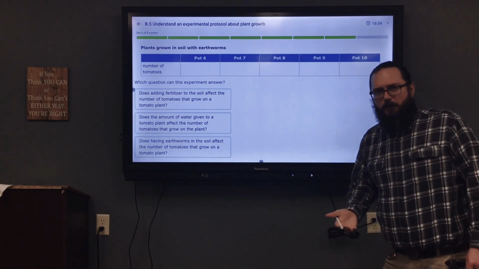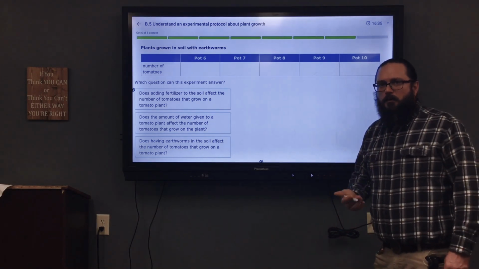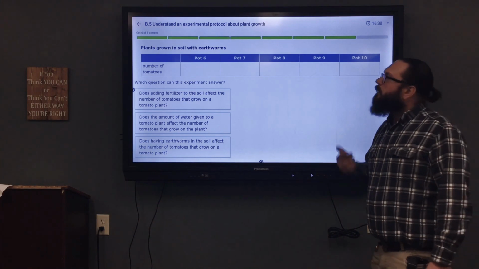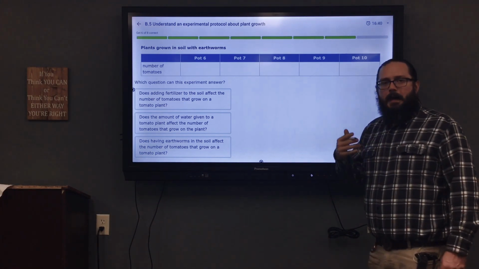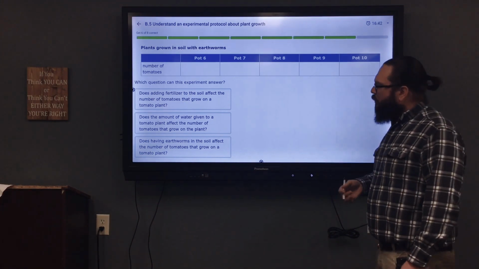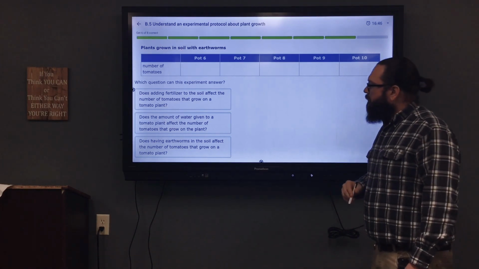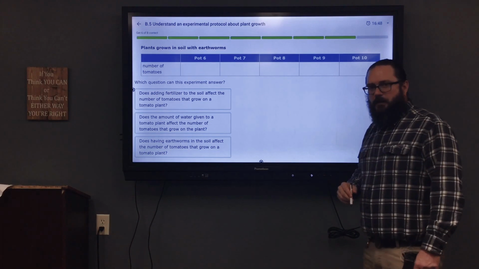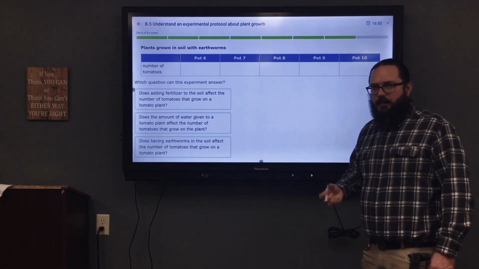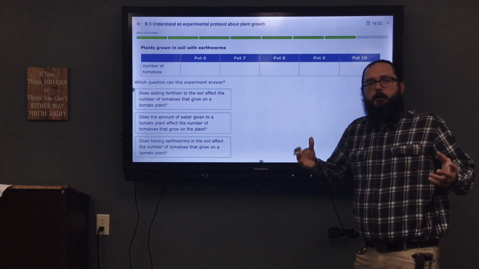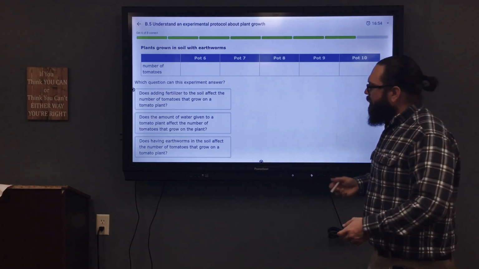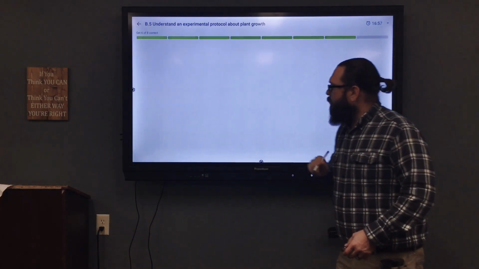Are we differentiating the amount of water in each pot? No, because we are told to daily add 4 ounces of water to each pot. Finally, does having earthworms in the soil affect the number of tomatoes that grow on a tomato plant? Yes, the earthworms were our experimental group. So, this is the question we want to answer.